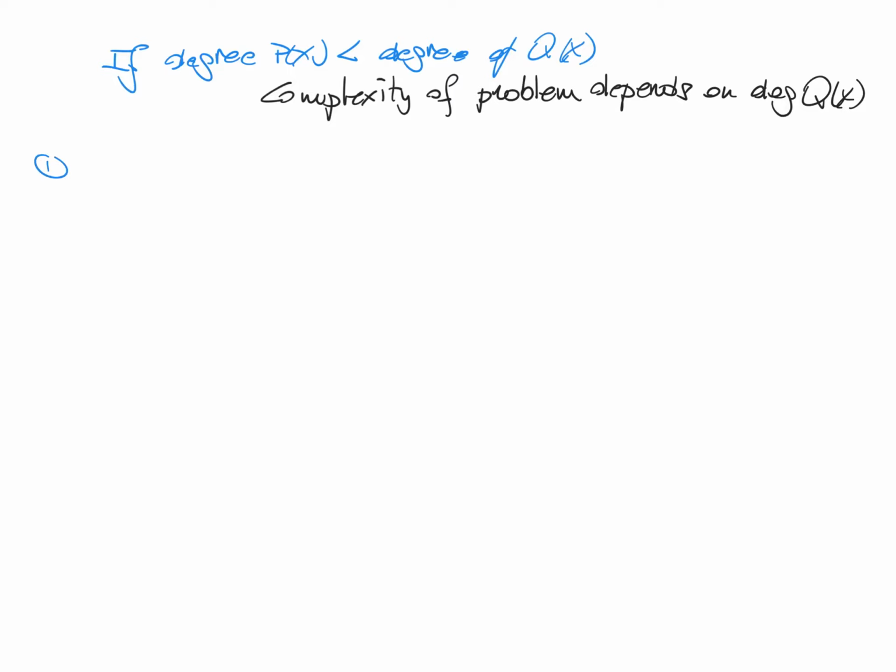First, assume that we have a linear denominator. So basically the degree of q(x) is equal to 1.